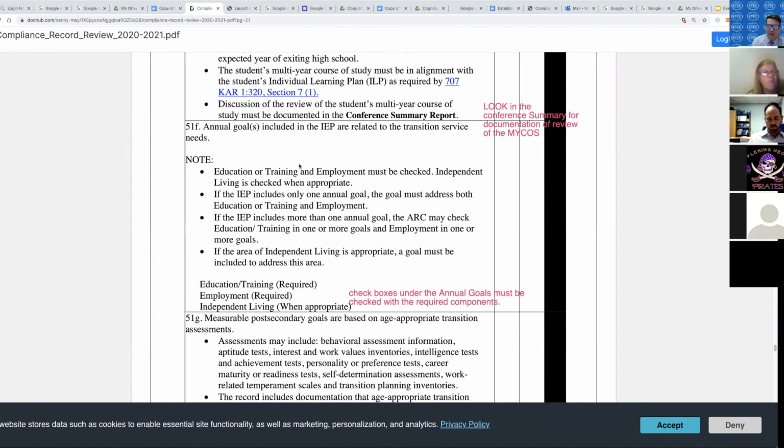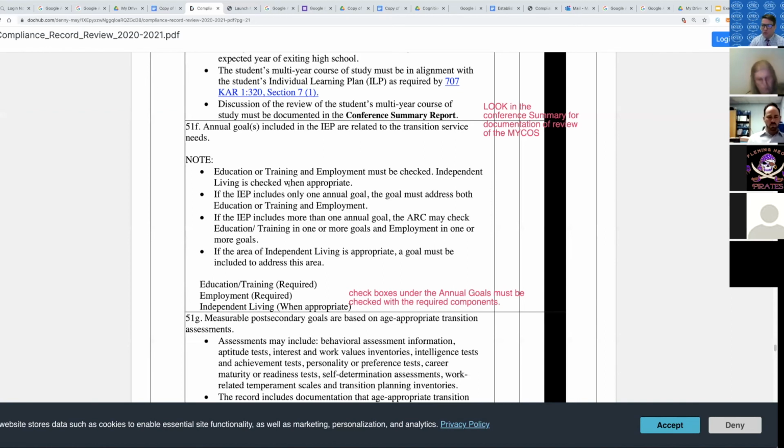So what we're talking about here is if you're looking at your IEP, you're looking at your goals, and right under your goals are some check boxes. One says education training. The other one says employment. And then the other one says independent living. If you only have one goal, you have to mark, at minimum, education training and employment.